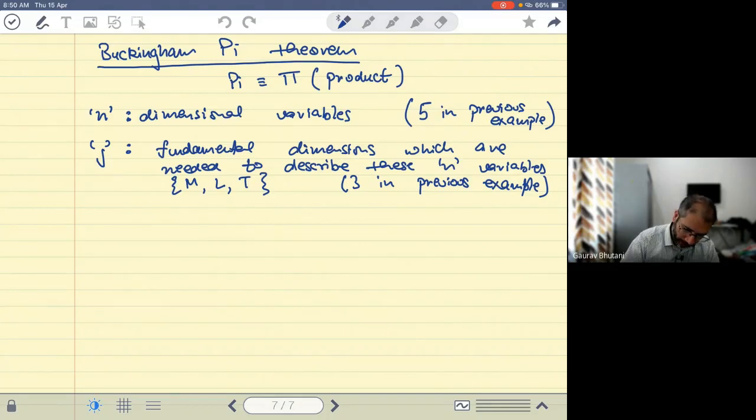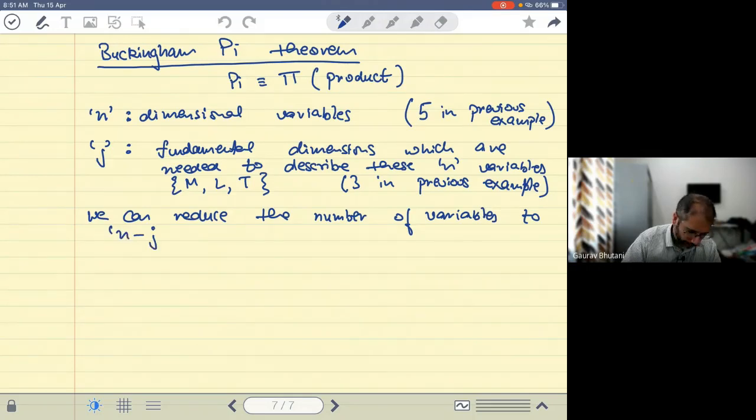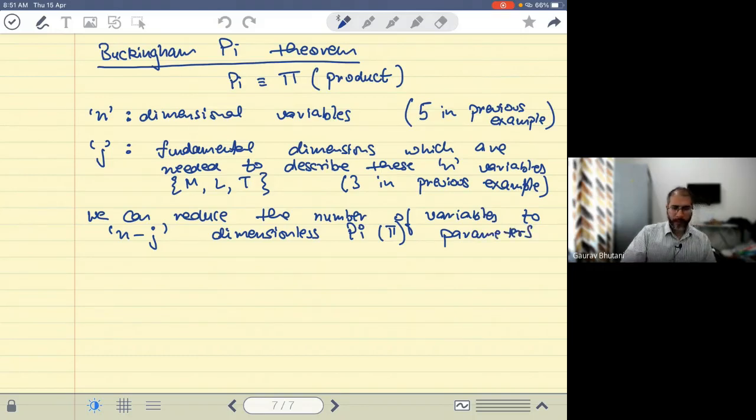If this is the case, then the theorem says we can reduce the number of variables in the problem to n minus j dimensionless pi parameters. n in the previous case was 5 and j was 3, so using the theorem, we can reduce the number of variables to only 2.